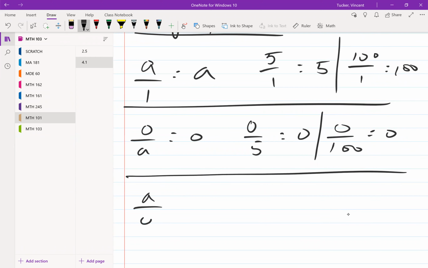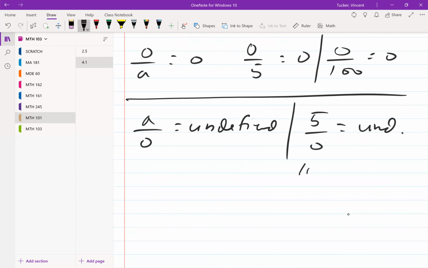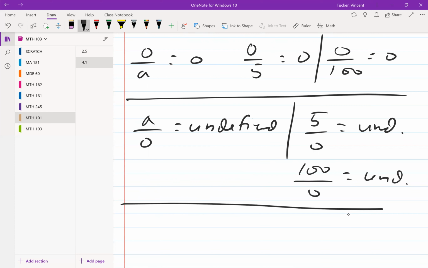Anything over 0 is undefined. Anything over itself is 1.